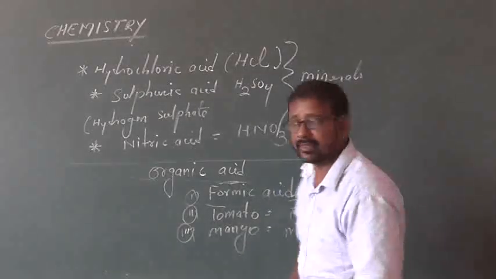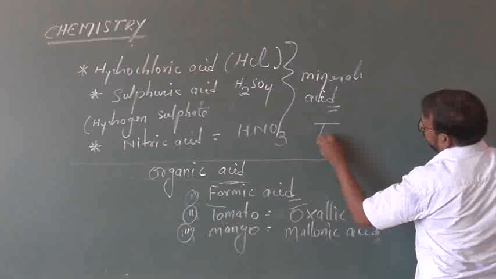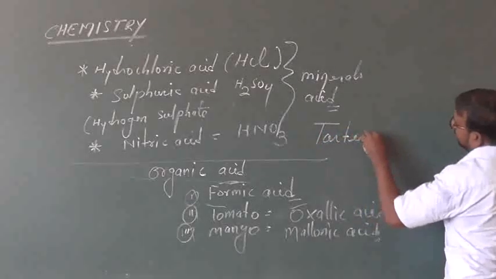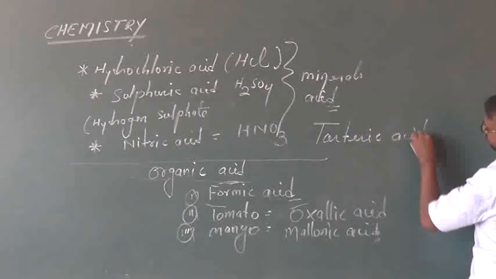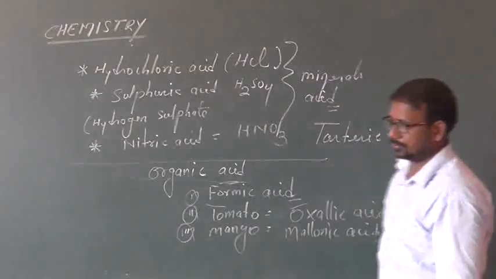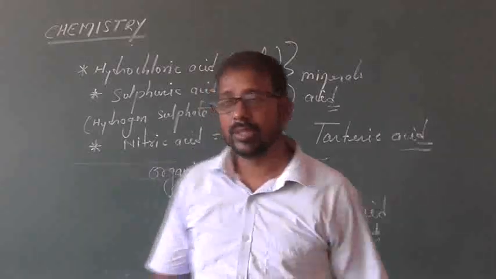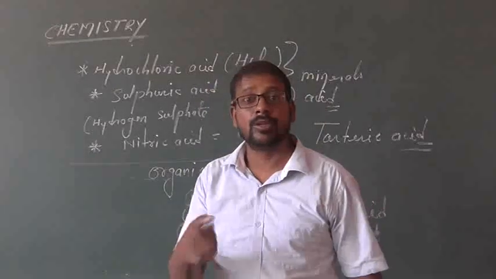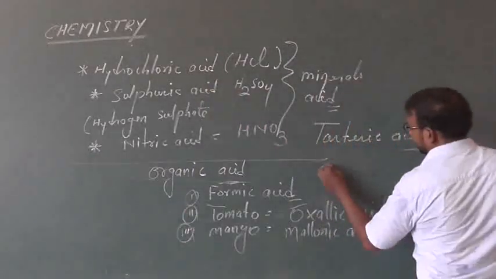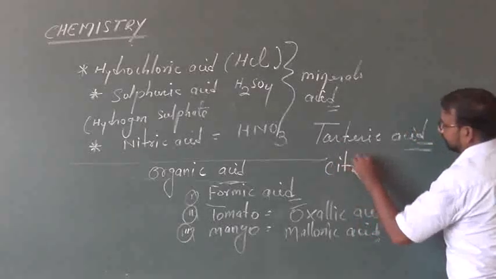Tamarind, meaning imli, has tartaric acid. Lemon, orange and grapes: what type of acid is there? Citric acid.